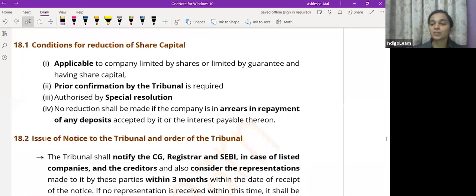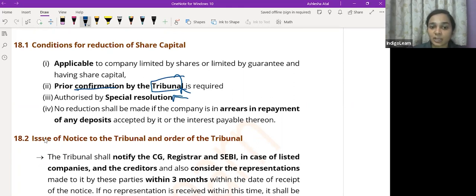So whenever a company wants to reduce share capital, it will have to pass a special resolution. But not only passing a special resolution, the company will also have to obtain confirmation or prior approval of the tribunal. So what are the conditions which have to be complied with whenever a company is reducing share capital? One is it has to obtain prior confirmation of the tribunal. It should be authorized by a special resolution.